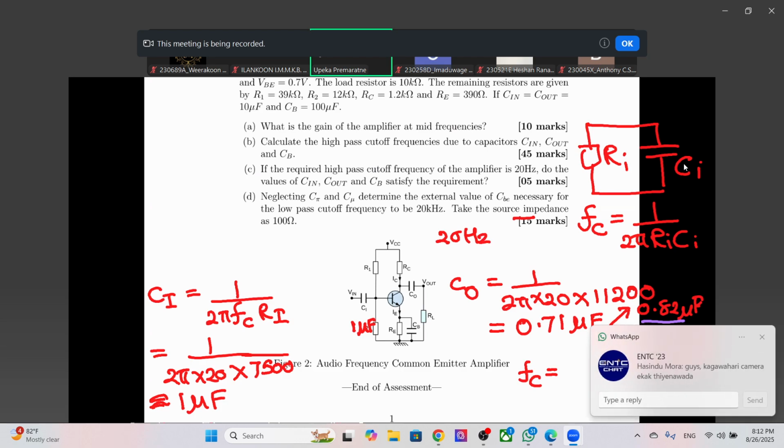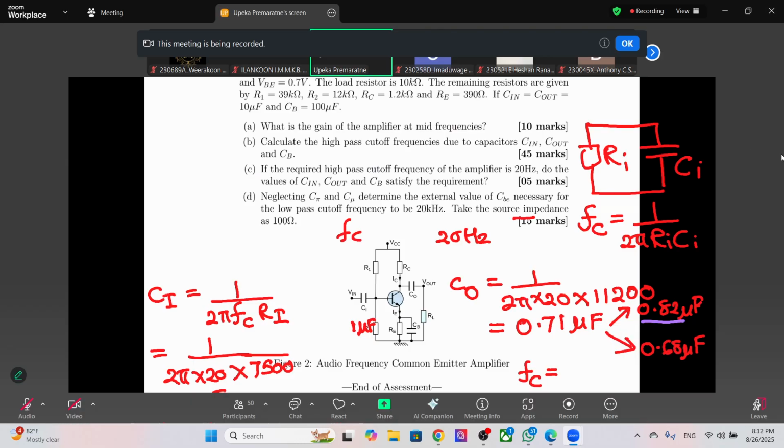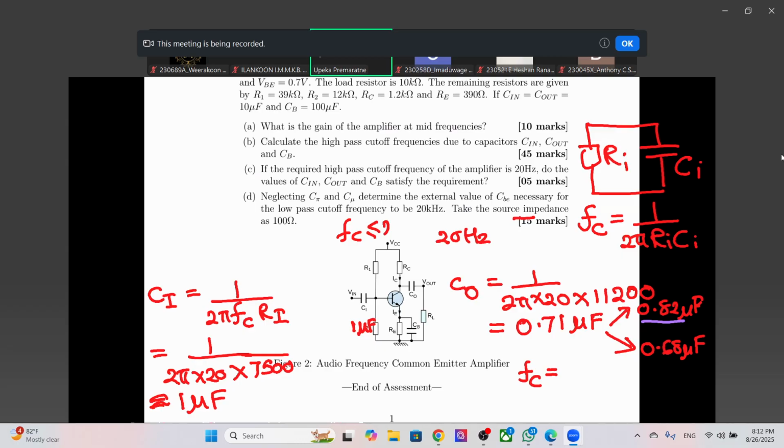We want this to be 20 hertz, so the cutoff frequency must be either 20 hertz or less than it.